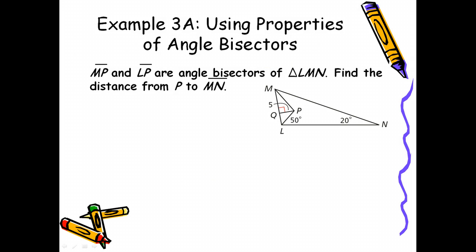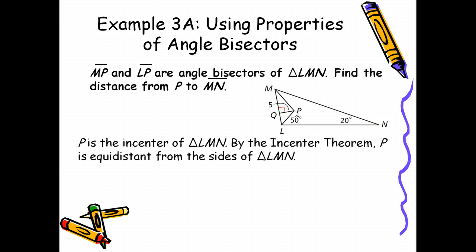Let's look at example 3a and use properties of angle bisectors. MP and LP are angle bisectors of triangle LMN. Find the distance from P to MN. So we want P and how far it is to get to MN.